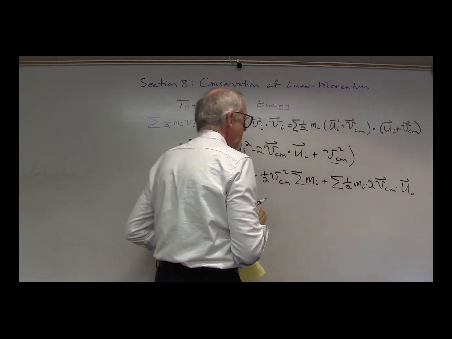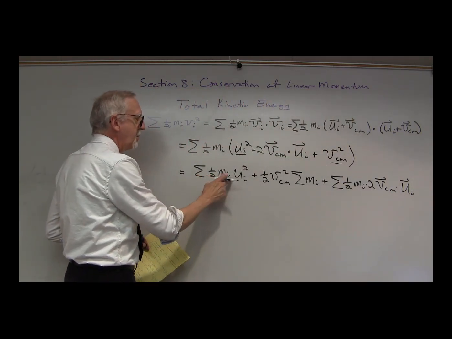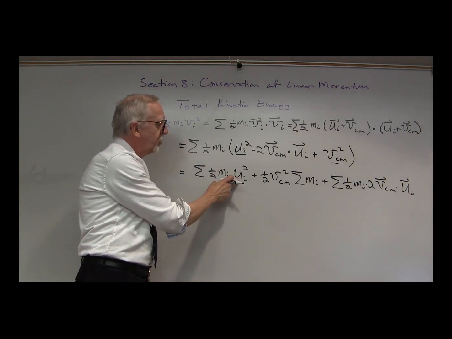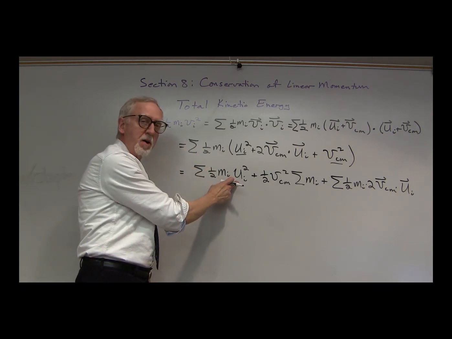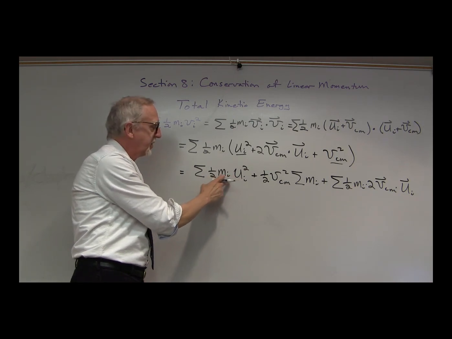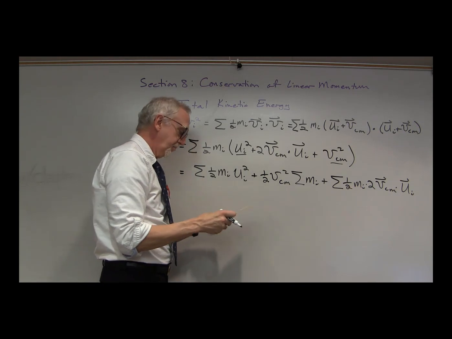Okay? Now, let's look at this. What do we have? We've got the sum of 1/2 m_i u_i squared. That would be the kinetic energy of each particle measured in the center of mass frame.